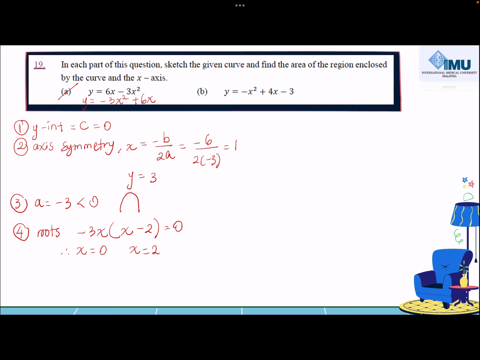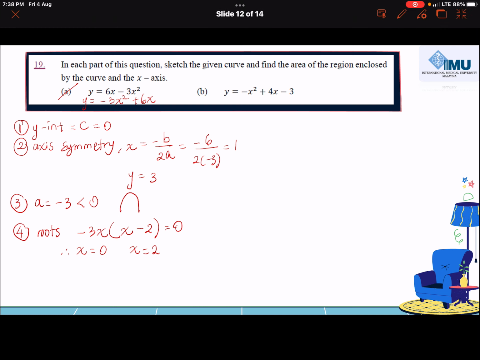Sketch your quadratic equation. Let's sketch it together. Now we have the y-axis and we have the x-axis. First information, your y-intercept will be at the origin, x equals 0. Then your roots also happen at 0 as well as x equals 2.